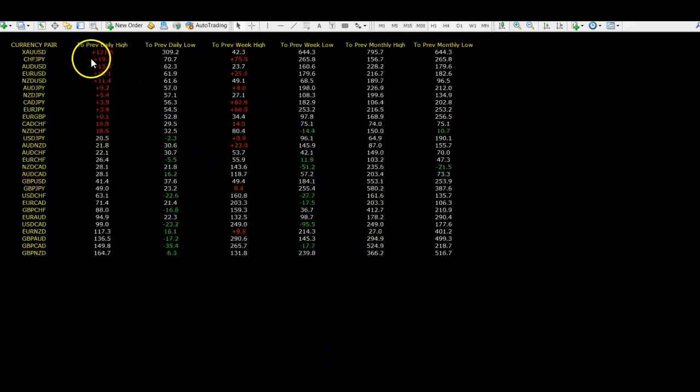You can see here what this indicator does. It gives you the distance from all the previous daily, weekly, and monthly highs and lows. Like I said, I like to sell the highs within a certain distance.